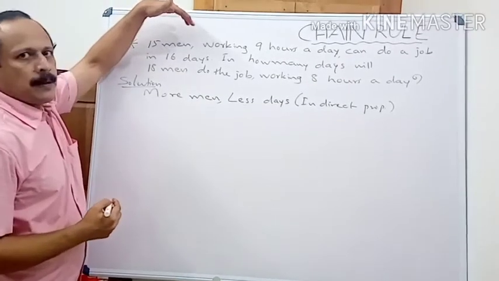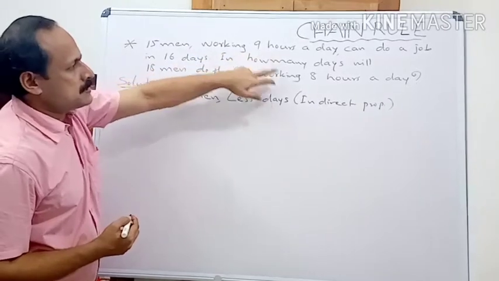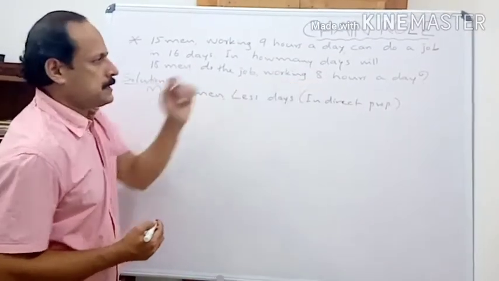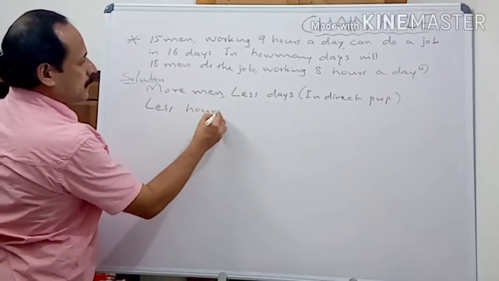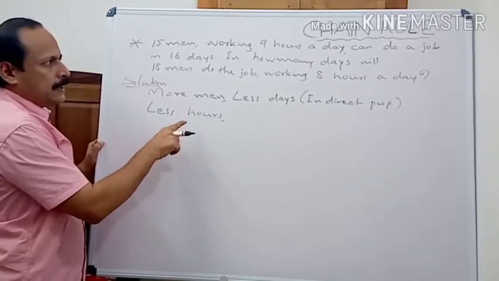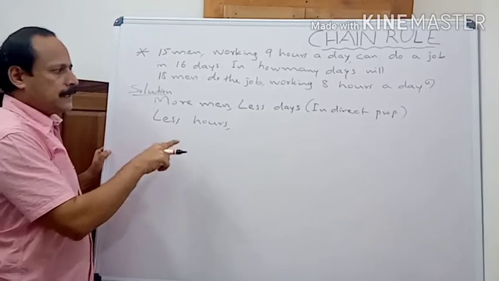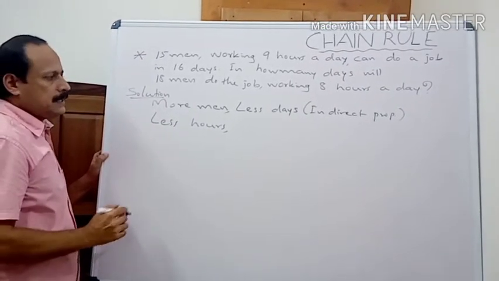Again, consider the number of hours working in a day. The first case 9 hours, second case 8 hours. So, number of hours per day decreases. Therefore, we write like this, less hours. When number of hours working per day decreases, automatically total number of days increases.